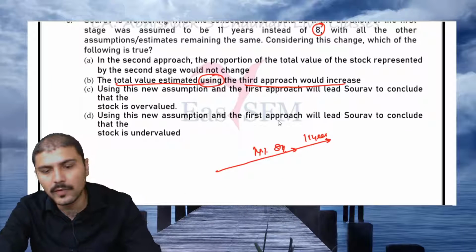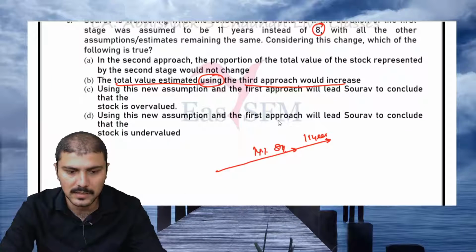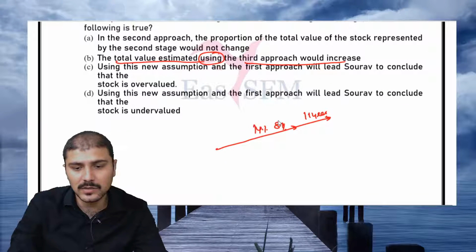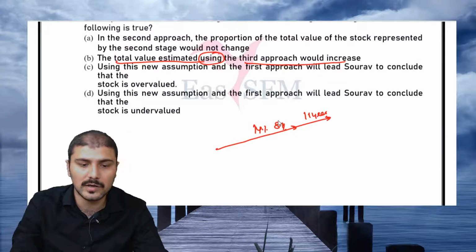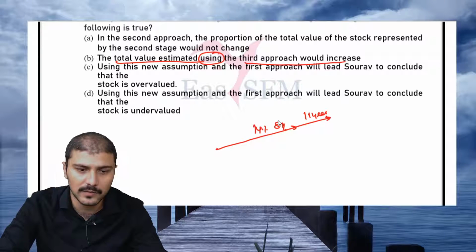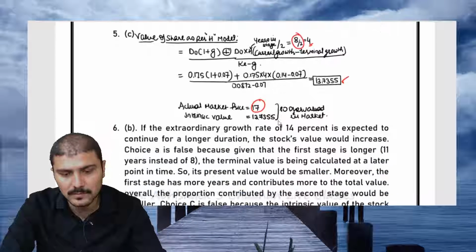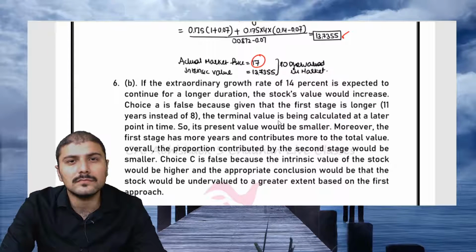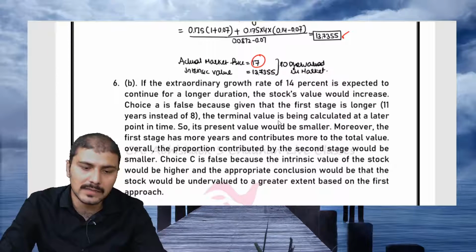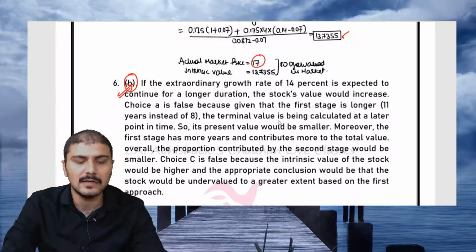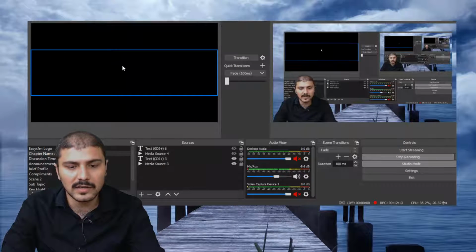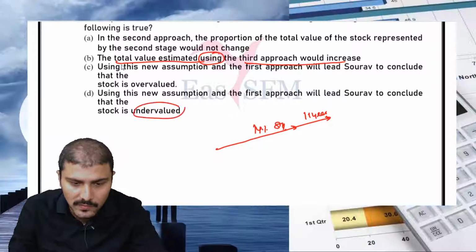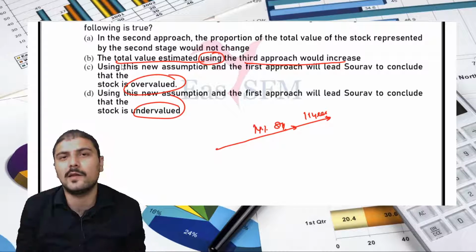If you want to prove it, then you can use the assumption, or secondly, using the new assumption, the first approach will lead Saurav to conclude that the stock is overvalued. So in this particular question, the answer given here as per the CFA workbook is B. That is correct. Why C or D is not correct? Because out of these, one answer will be correct. Obviously, it will be either overvalued or undervalued.